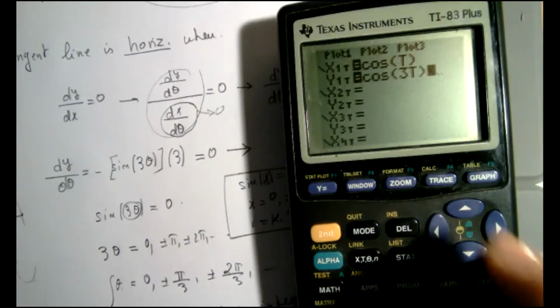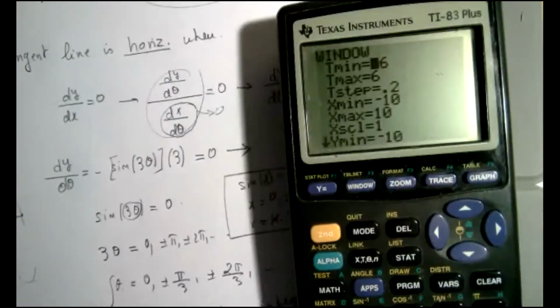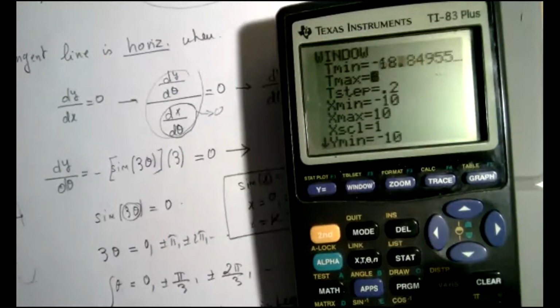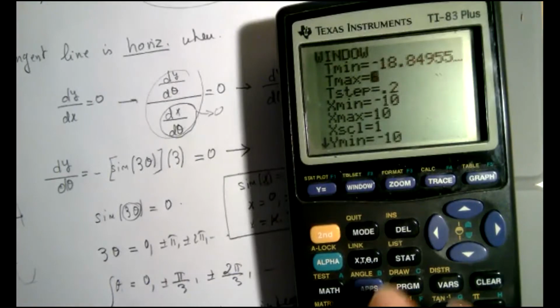Once we do that, we can go to the window, and the window gives us the values we want for the T values, the range of T. So we can go from minus 6 pi to 6 pi, and see if my range is good.